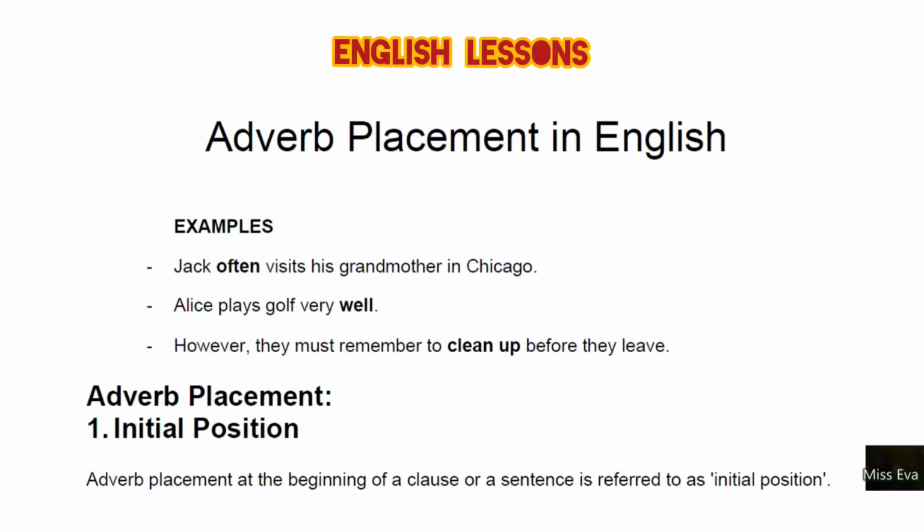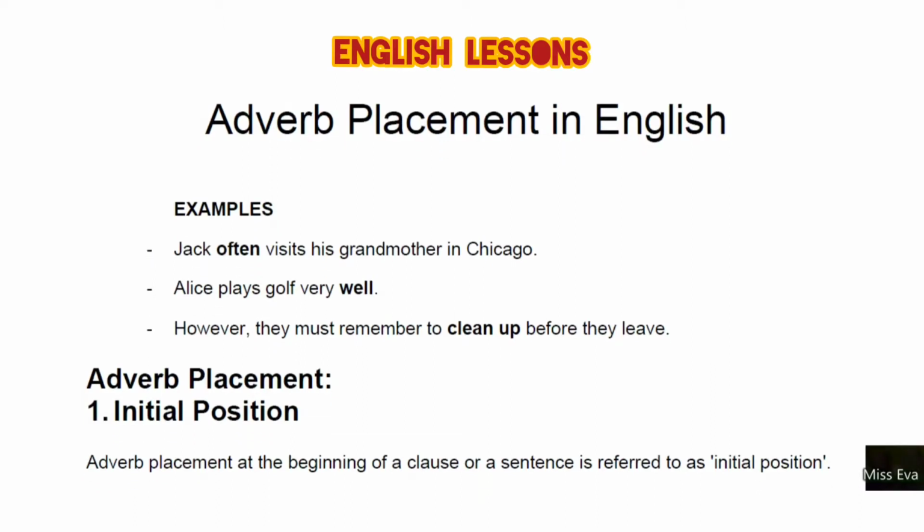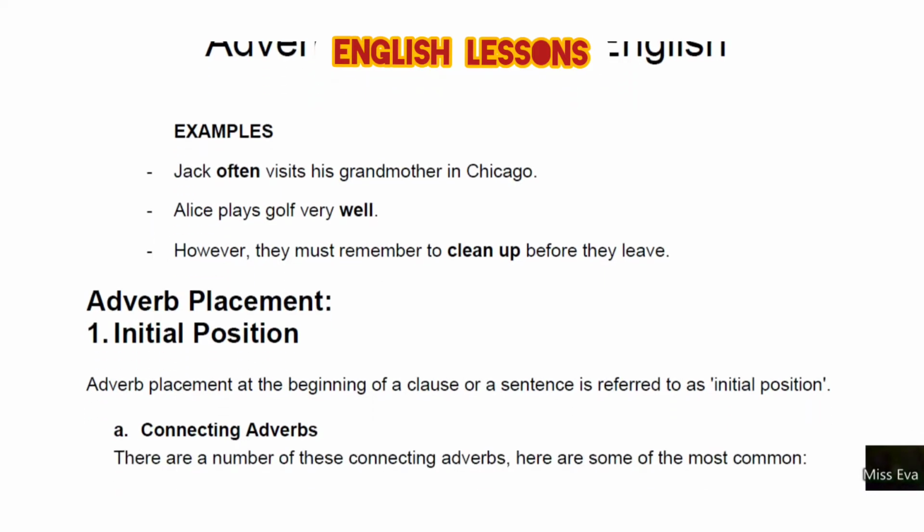Okay, let's go to the adverb placement itself. You may have noticed that the adverb placement is different in each of the three sentences above. Adverb placement in English can be confusing at times.